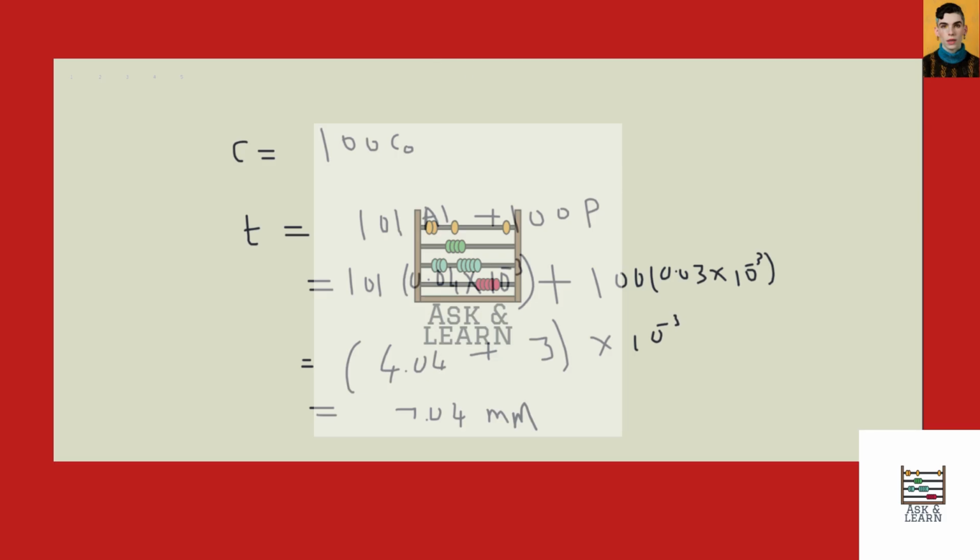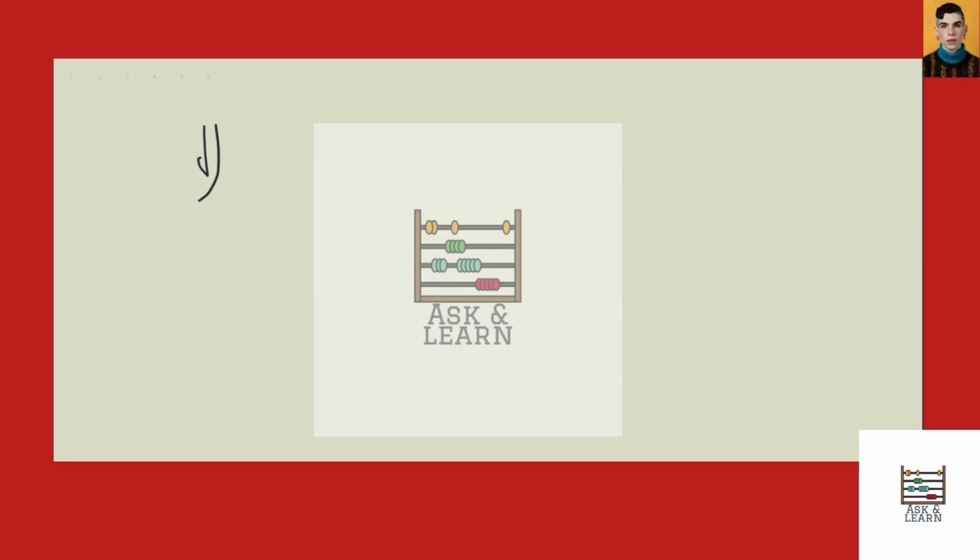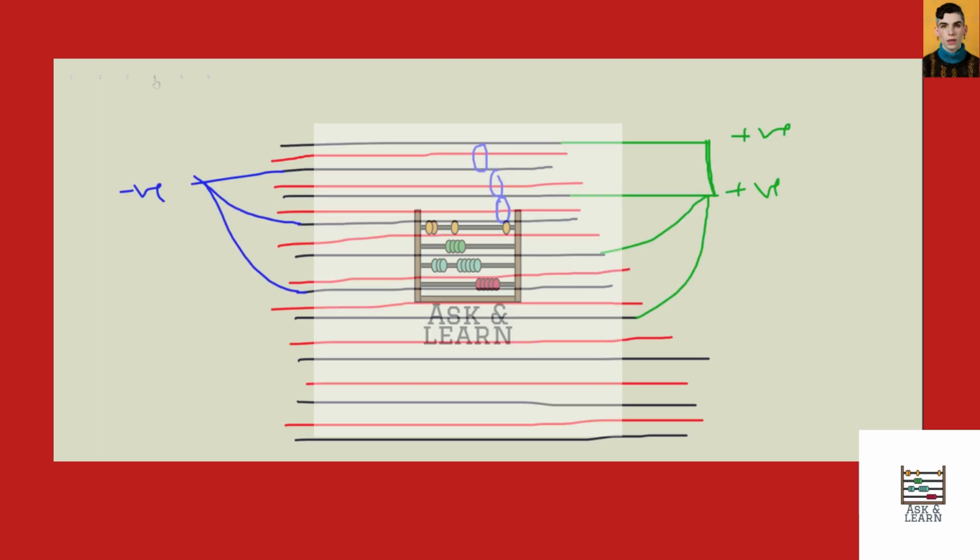Now the last part of the question is D, which is the maximum voltage that you can apply to this 100 C0 capacitor without breakdown, since voltage is electric field times D. And as you saw here, these plates are separated by paper with a dielectric strength of 15 times 10 power 6.